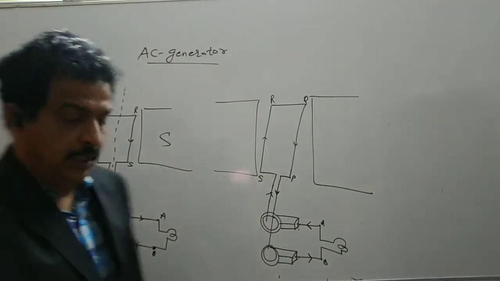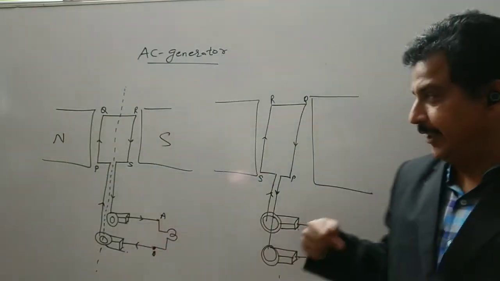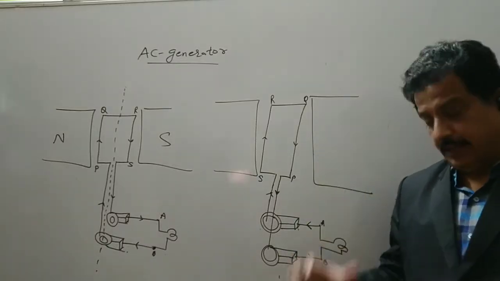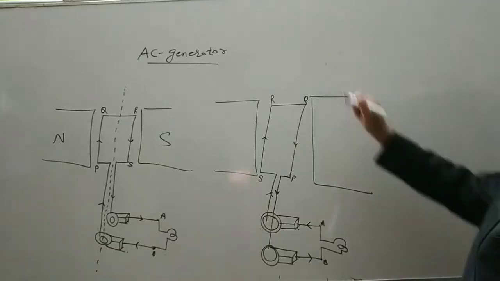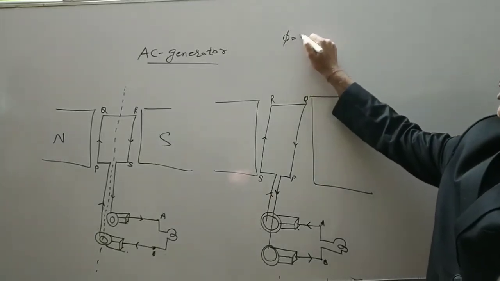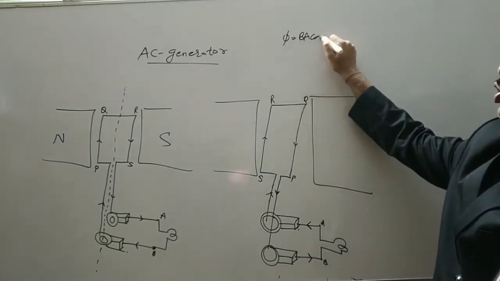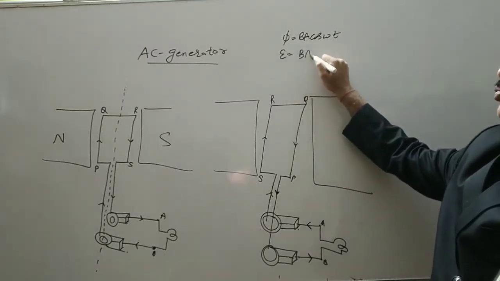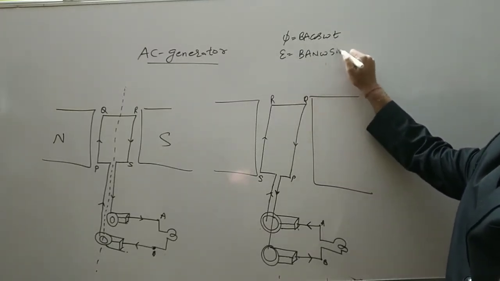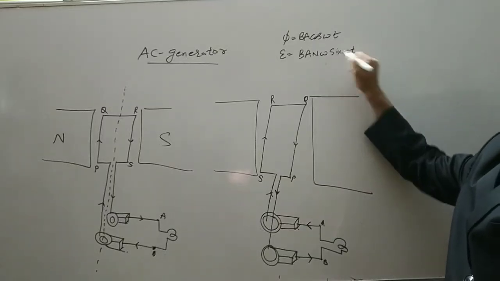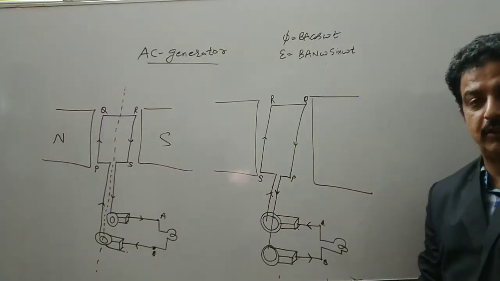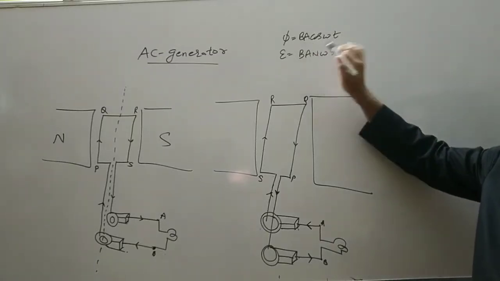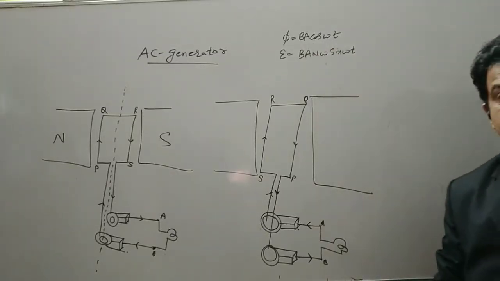Let's see how the current changes its direction. We derived the formula for the flux to be BA cos omega t, and EMF induced is equal to BA omega sine of omega t. One is sine and one is cosine, that we have already seen. So when one becomes minimum, the other becomes maximum, both are complementary.